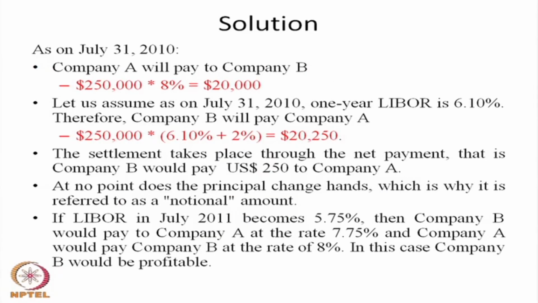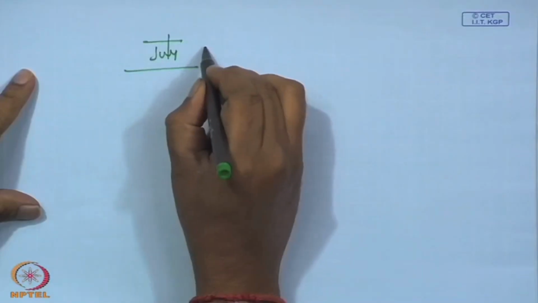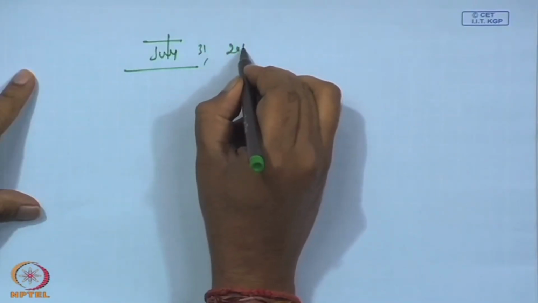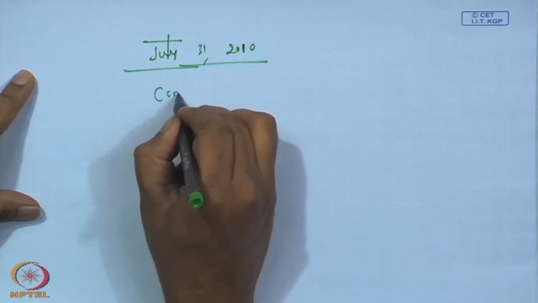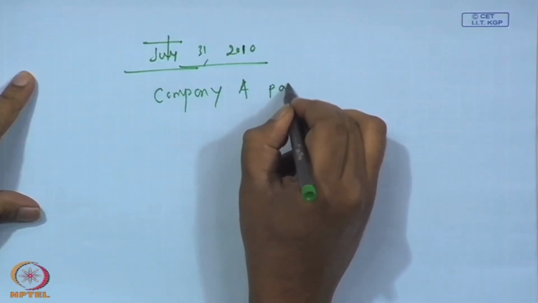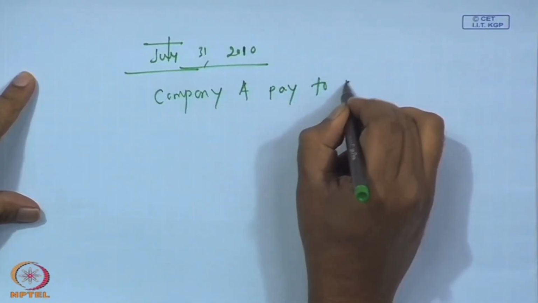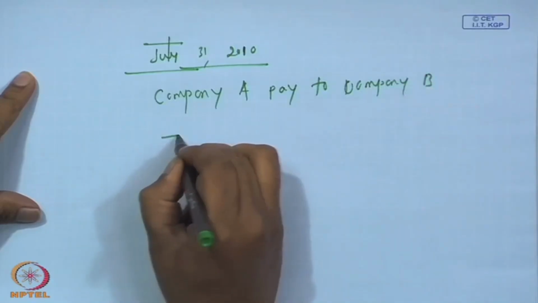The calculation process is here. If you see the calculation on the 31st July, here company A pays company B how much? 8%. Suppose the ending date is July 31st. Company A pays to company B what?